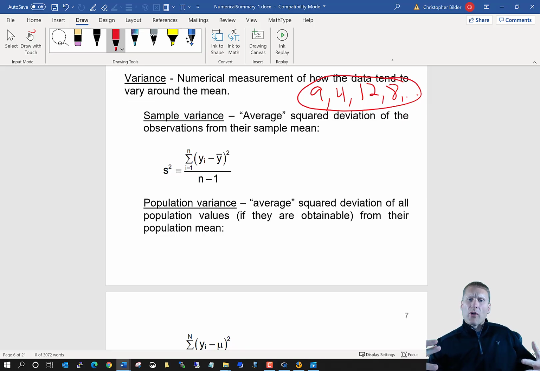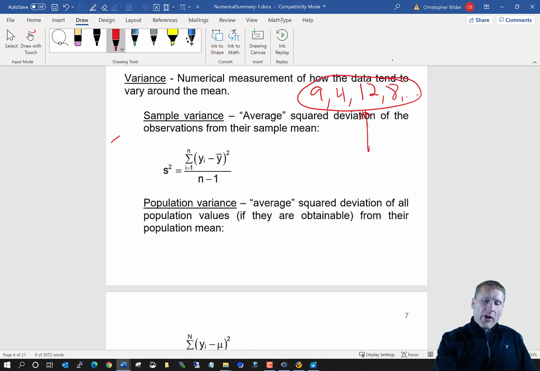How are they dispersed? And in fact, we will be very interested in why on some days it would only take you 4 minutes, but on other days it would take you 12 minutes. We like to be able to explain that variation. And you'll see many examples of that throughout this course. And if you take more statistics courses, you'll see that as well.